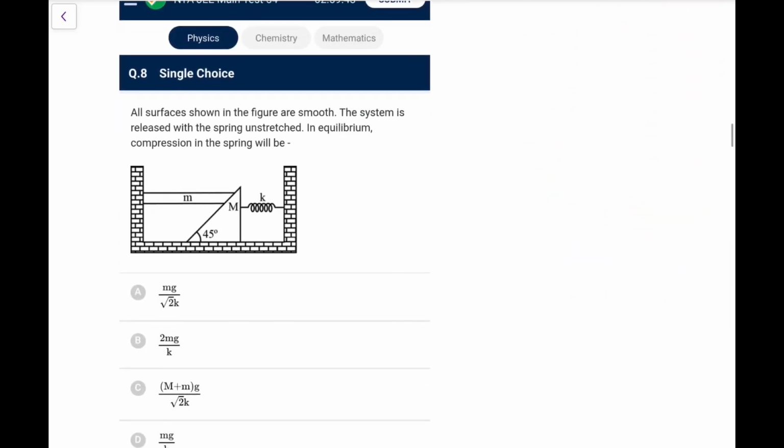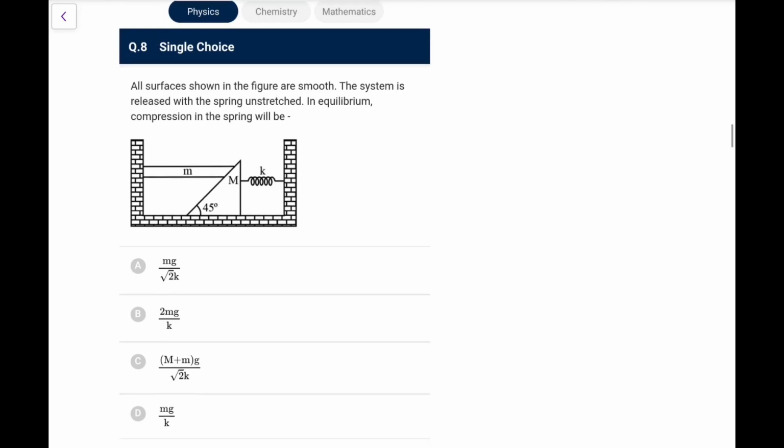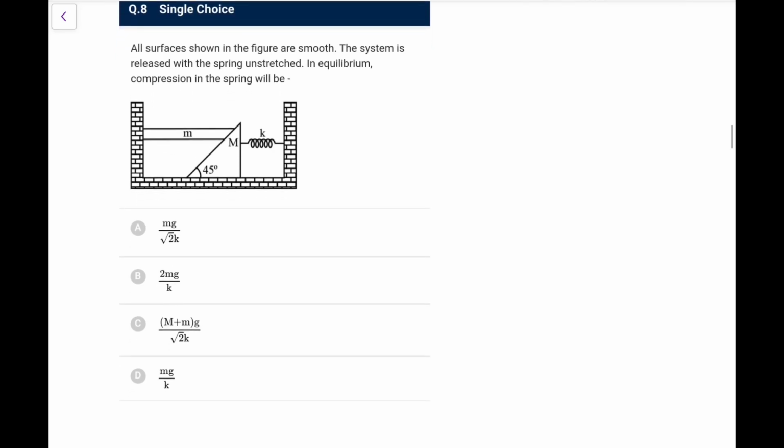Now going ahead, next question 8. All surfaces are smooth. The system is released with the spring unstretched, and equilibrium compression in the spring will be. Okay, so I know from the constraints, this will go down, this will go up. So in equilibrium, I need to find out the compression in the spring.